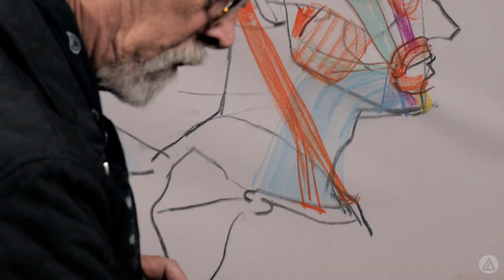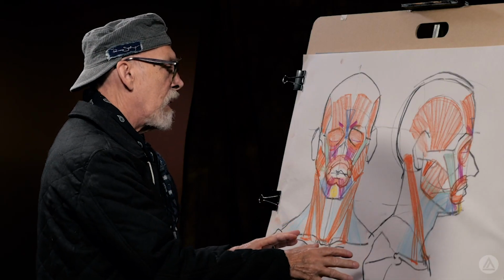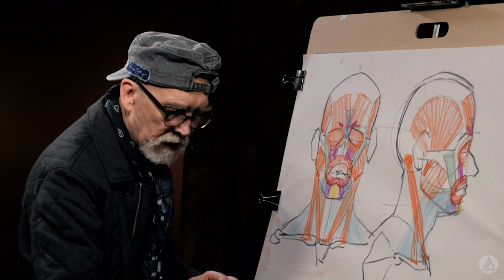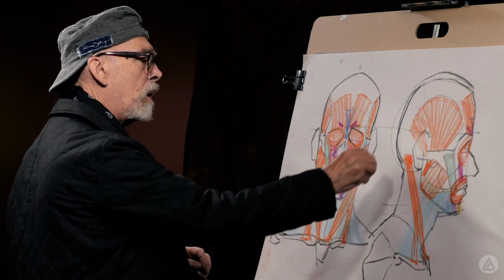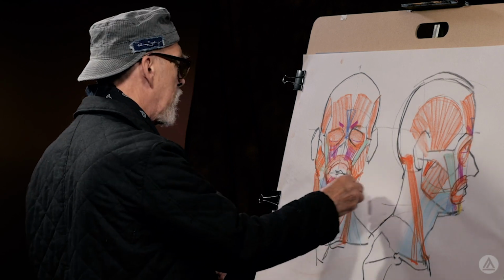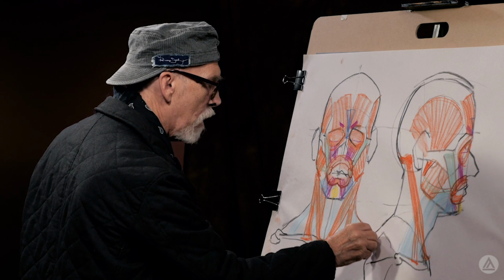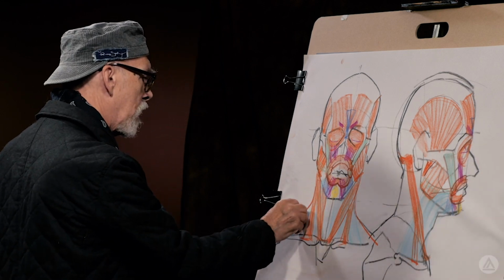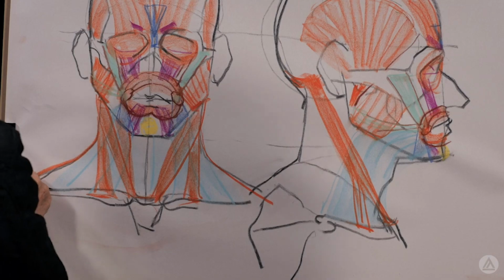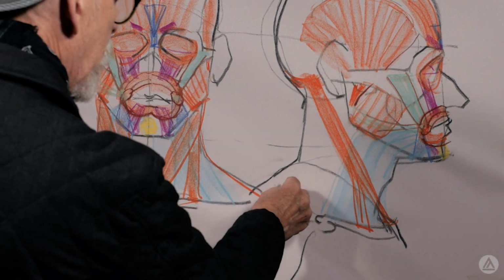Okay, so that's the first large muscle group. The second, basically there's only two, the sternocleidomastoid and the trapezius. The trapezius starts also in the back of the head, and it comes down and it spins out toward the end of the clavicle and the scapula, which is in the back here.